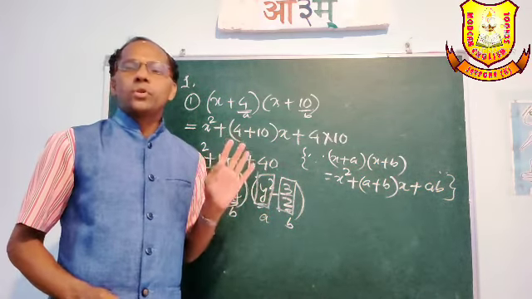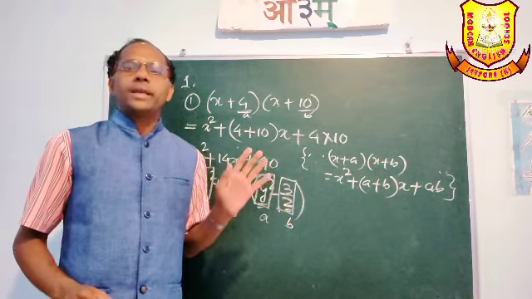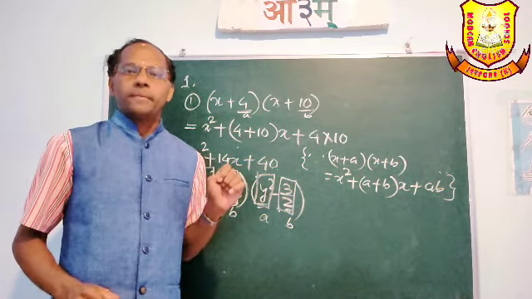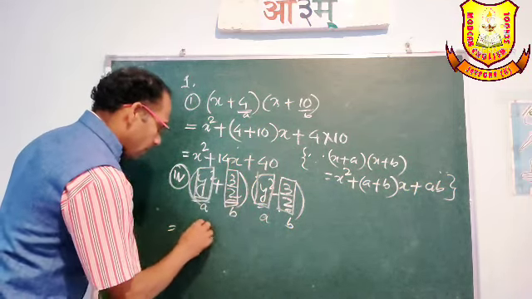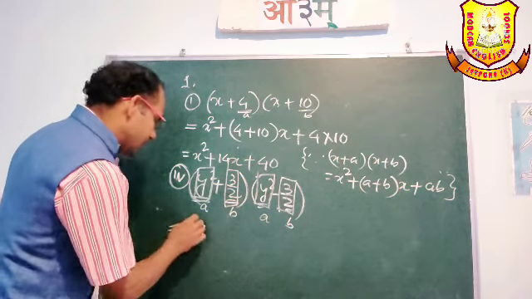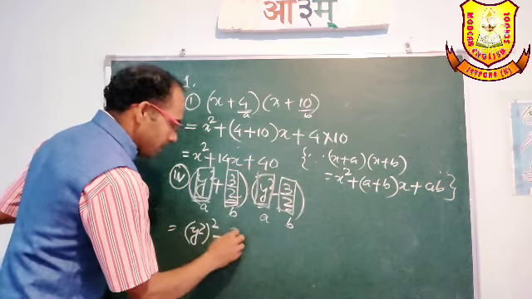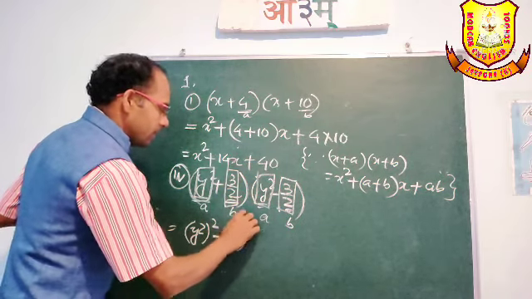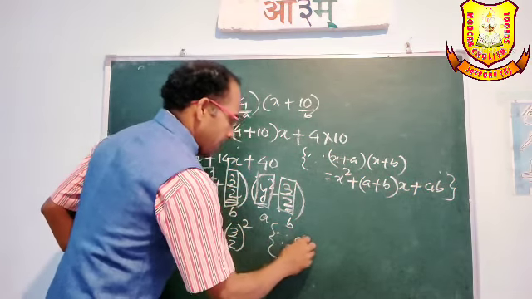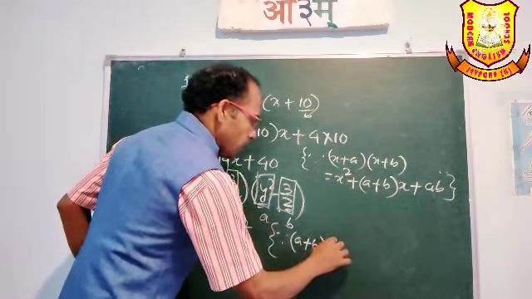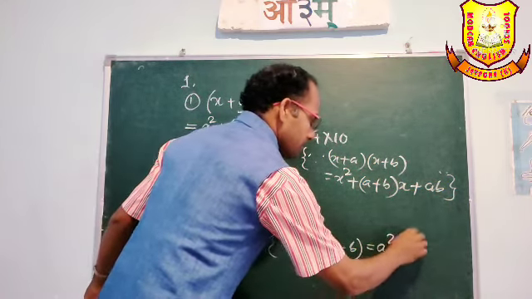We have known the formula (a plus b) whole into (a minus b) is equal to a square minus b square. So y square is a, its square, and 3 by 2 is b, b square. Here you have to write (a plus b) whole into (a minus b) equal to a square minus b square.